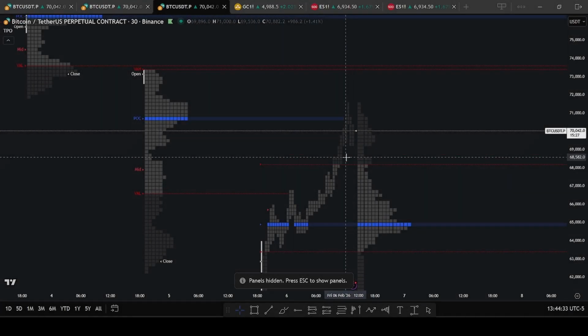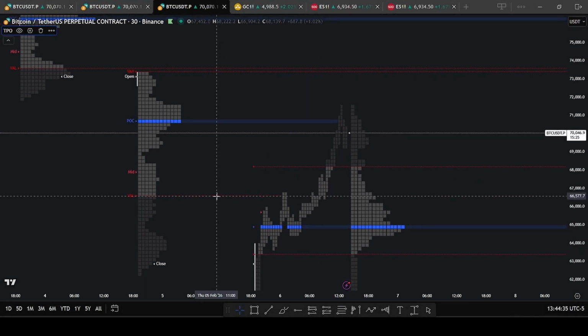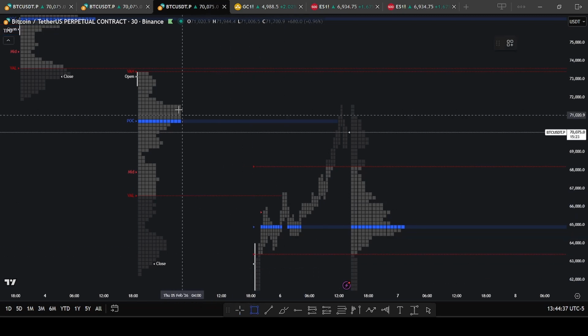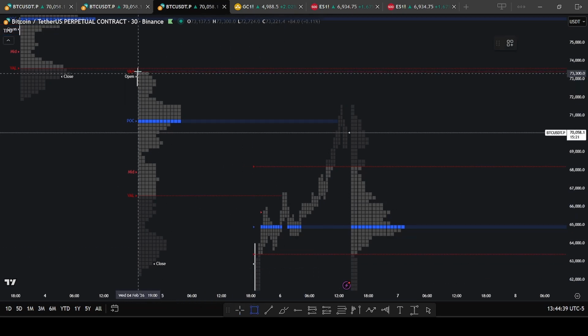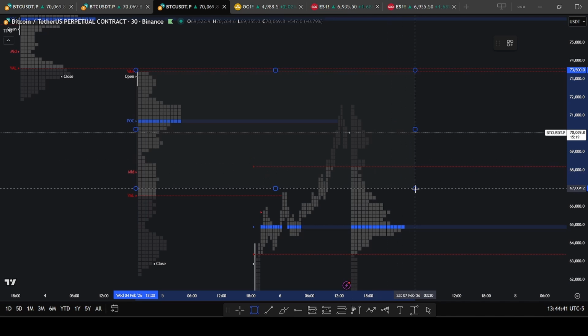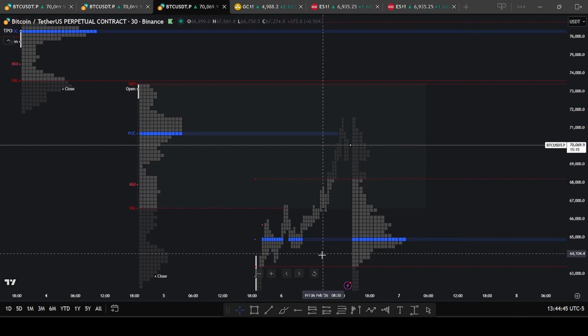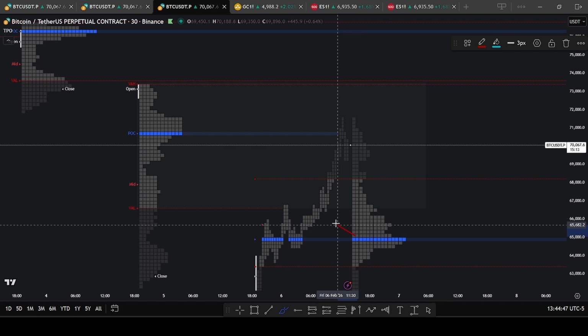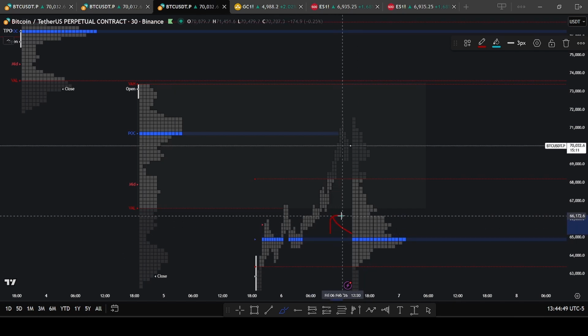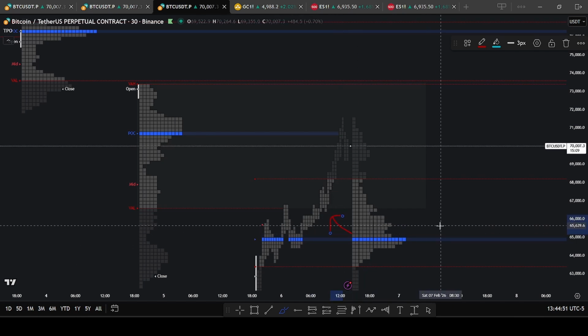Coming to the TPO chart, the analysis for this trade was that I marked out the previous day's range value area. This is the TPO value area of the previous day's range, and I use the acceptance and rejection method here also. The basic AMT rule is how price is reacting to the balance and imbalance points.